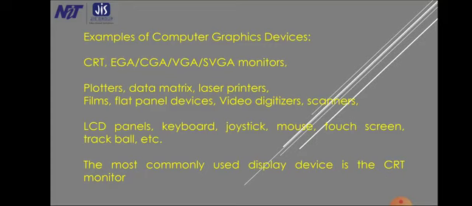We have video graphics adapter VGA and super video graphics adapter SVGA, plotters, various types of data matrix displays, flat panel devices, video digitizers, scanners, LCD panels, mouse, touchscreen. So these are various examples of computer graphics devices. Out of this, we are essentially going to discuss CRT monitors in this lecture.